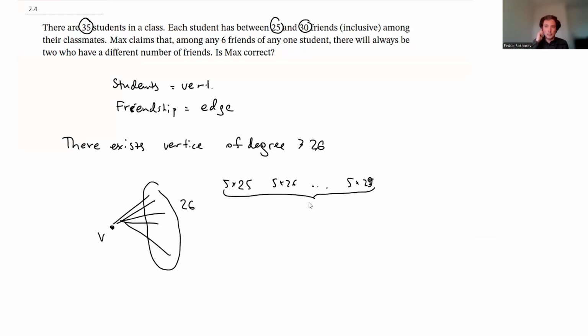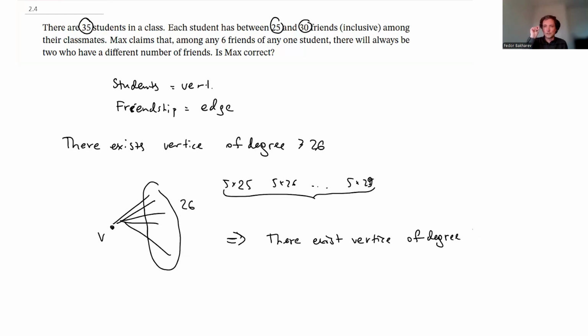So we have only 25 possibilities of such kind, and thus we conclude that there exists a vertex of degree 30.